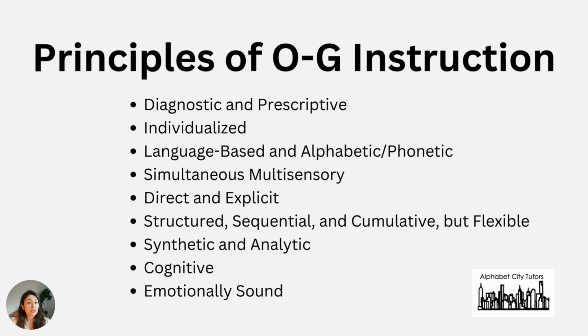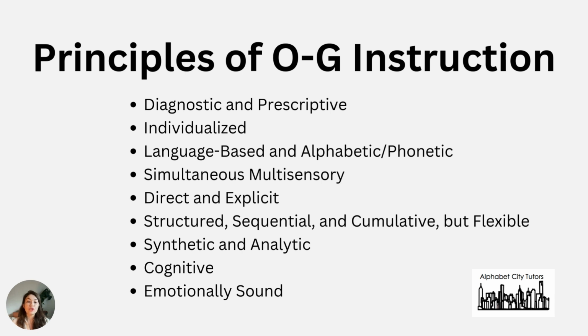Our work is cumulative, so we don't just teach something and then move on to something new. We're constantly reviewing and building on the knowledge of the student to make sure that the new information we've taught is integrated into what they already know. Otherwise, it's just going to be forgotten as we move on. And again, it's flexible, it's customized to the needs of the students.